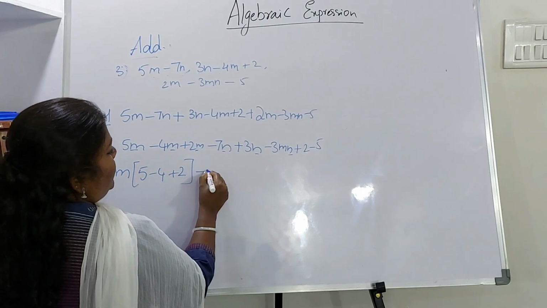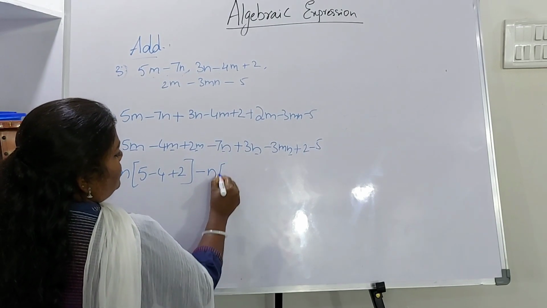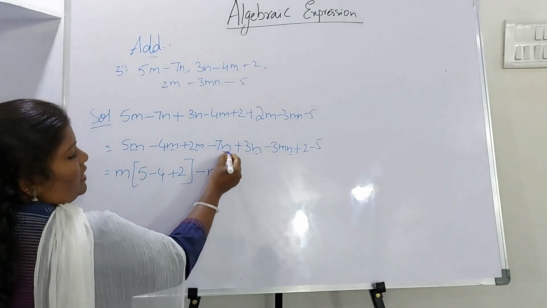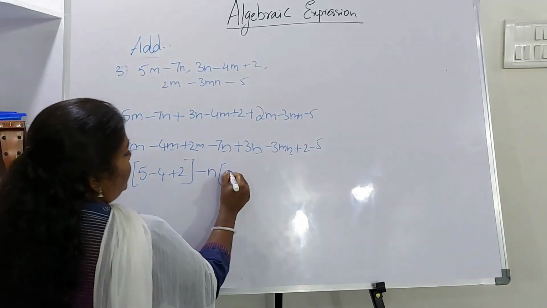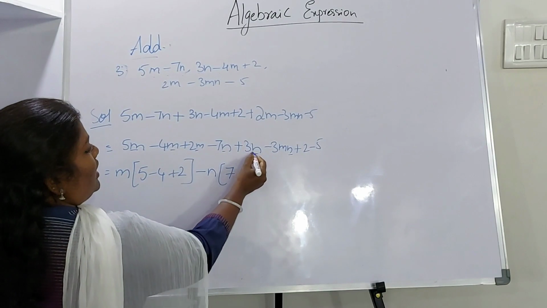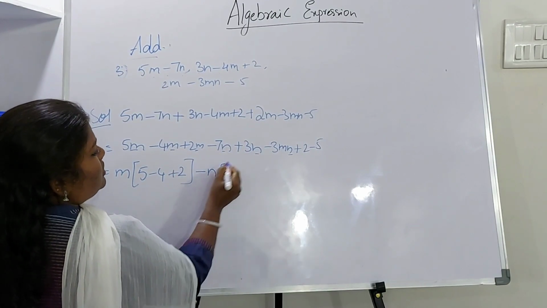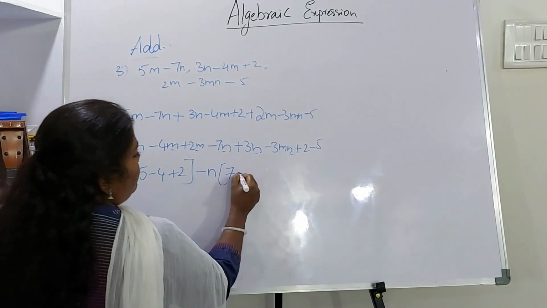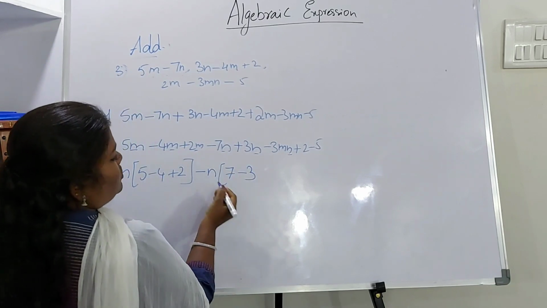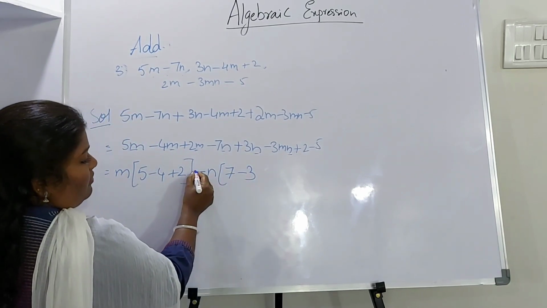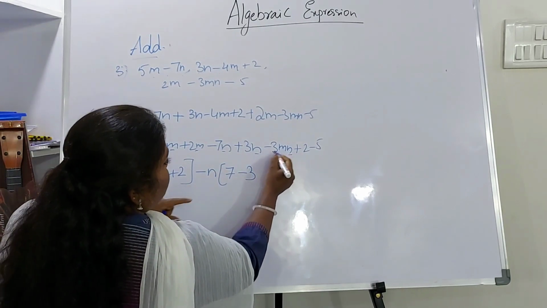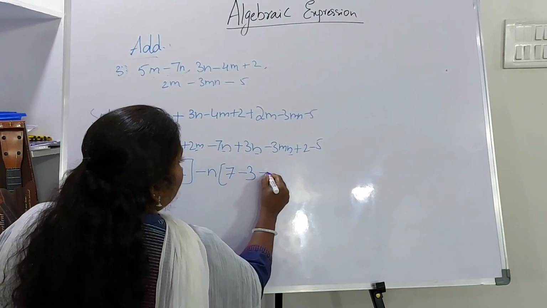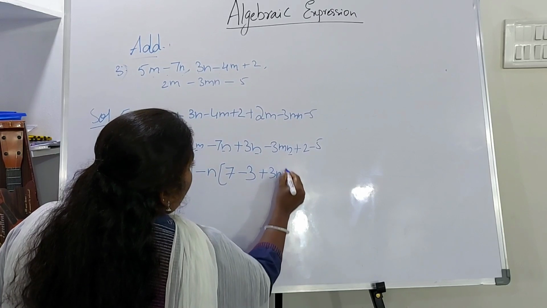So it is minus n I am taking out. So the coefficient of n is minus 7. Since I have taken minus out, you will get it as plus 7. And here I have taken n out, so it is minus 3. I'll explain why you have written minus here. Now the coefficient of this is minus, already I have taken, so plus 3m.